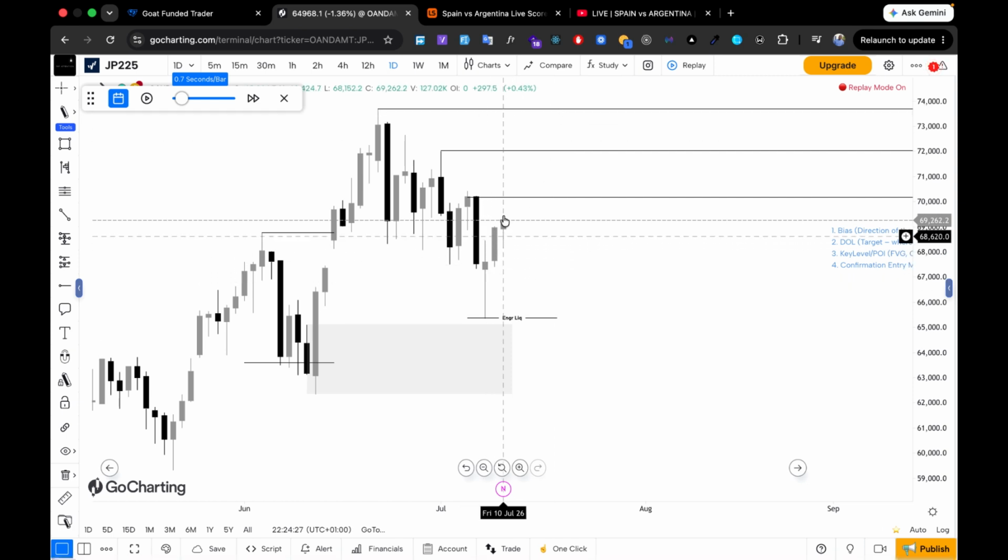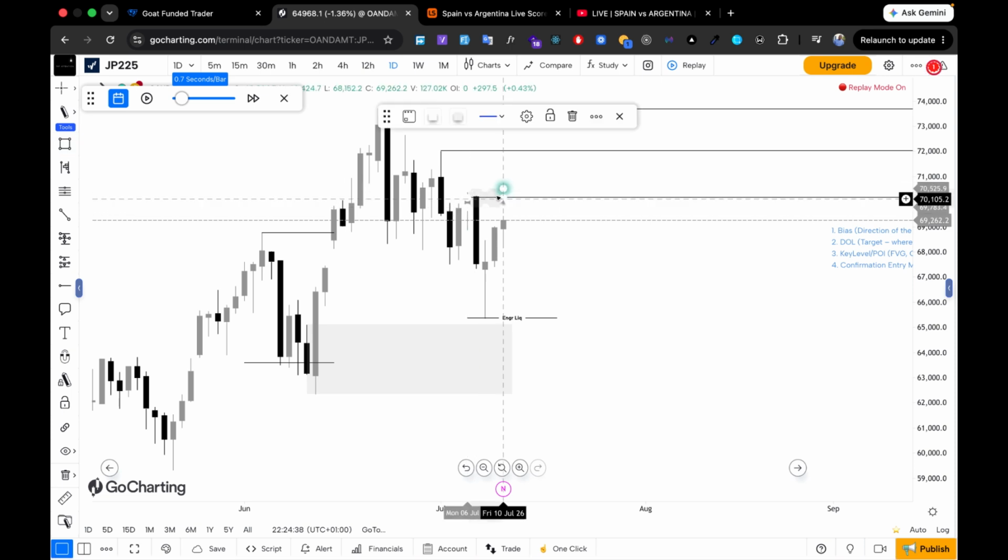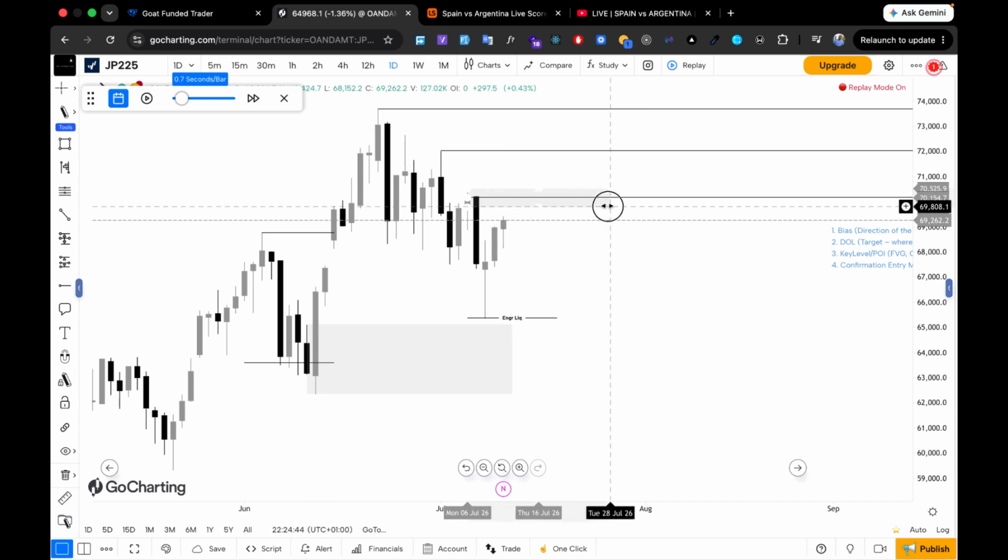So basically what this is doing is that I just felt it's going up to pick orders from this POI here. Don't worry, I'll go to the 4 hours. It will be clearer on the 4 hours, to pick orders from here before coming down again. But that was not my initial bias.